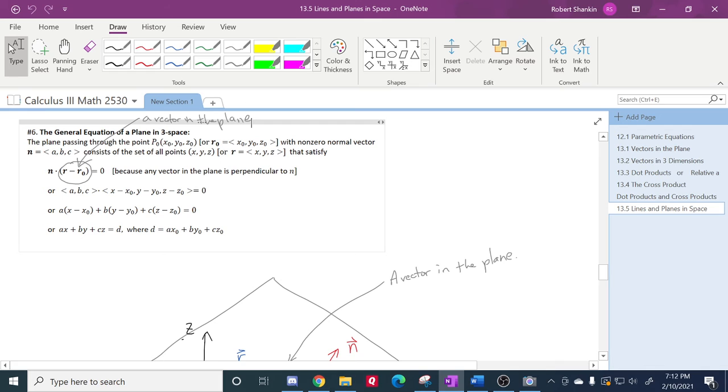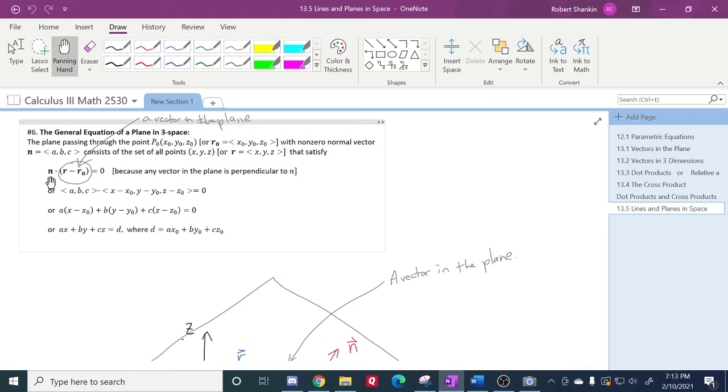So the equation of the plane needs two things. It needs a point in the plane, which is r0. It also needs an orthogonal vector to the plane.